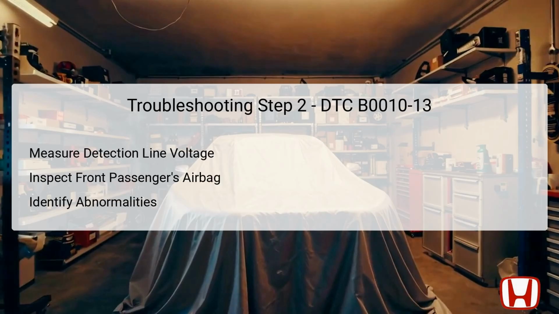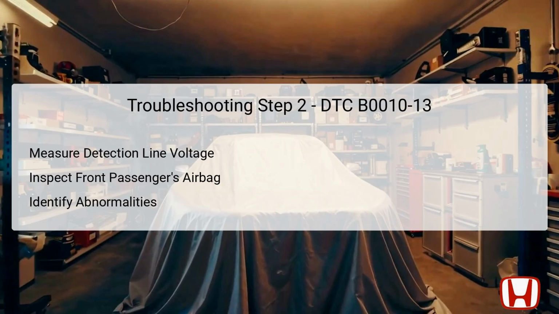Next, proceed to measure the voltage on the detection line inside the SRS unit. This measurement is critical because a higher than specified voltage indicates an abnormality. Following this, inspect the front passenger's airbag to ensure that it is in proper working condition and properly connected.